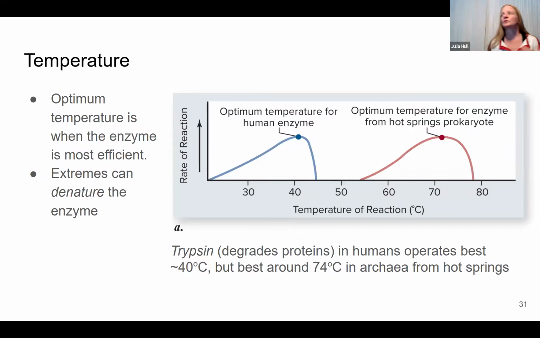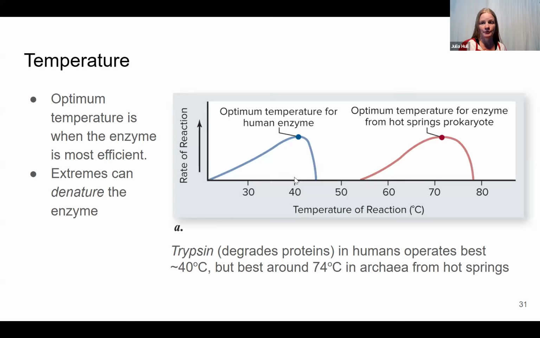All right, so each enzyme is going to be adapted to a specific range of temperatures where it's going to be the most efficient. Okay, so if we look at this trypsin enzyme, its job is to break proteins down. For humans, the most effective temperature where we get the highest number of reactions is about 40 degrees Celsius.